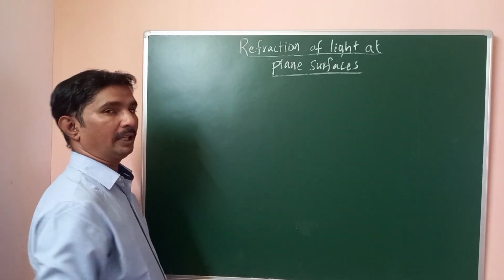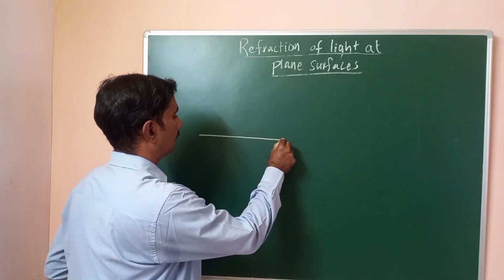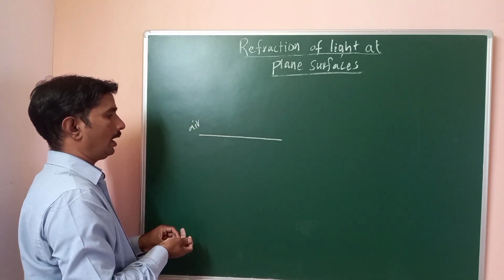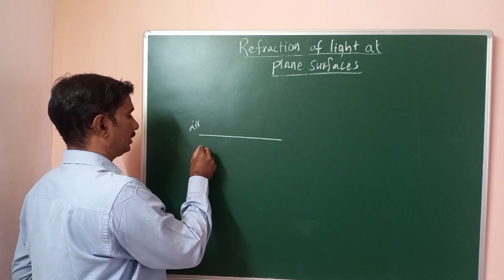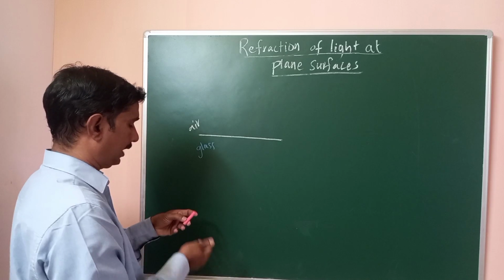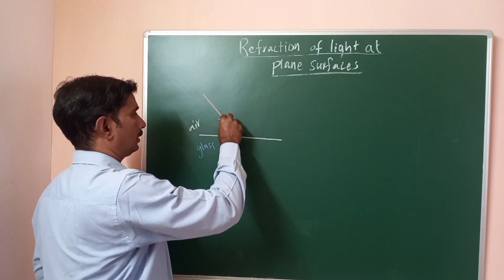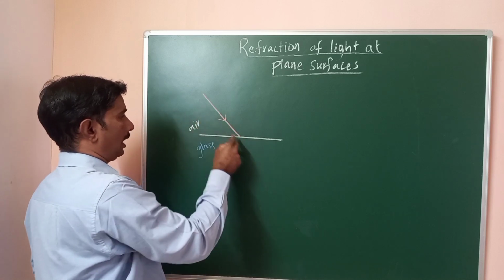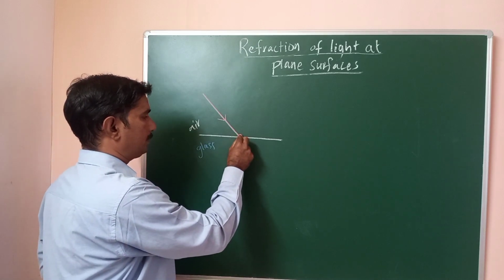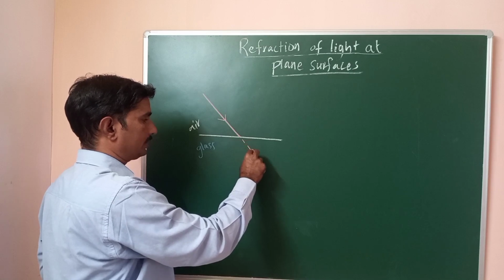Refraction of light at plane surfaces. If this is a plane surface, the above is air, and the below is glass, and a ray of light is incident on this surface. As light travels in a straight line, this light ray is supposed to go in this straight line.